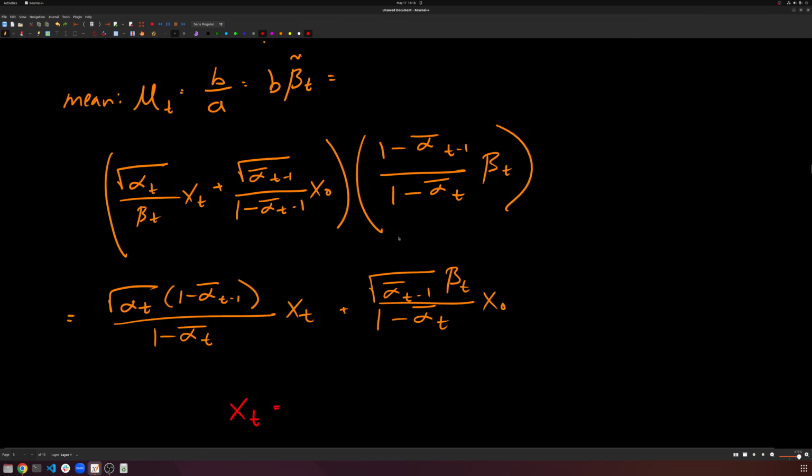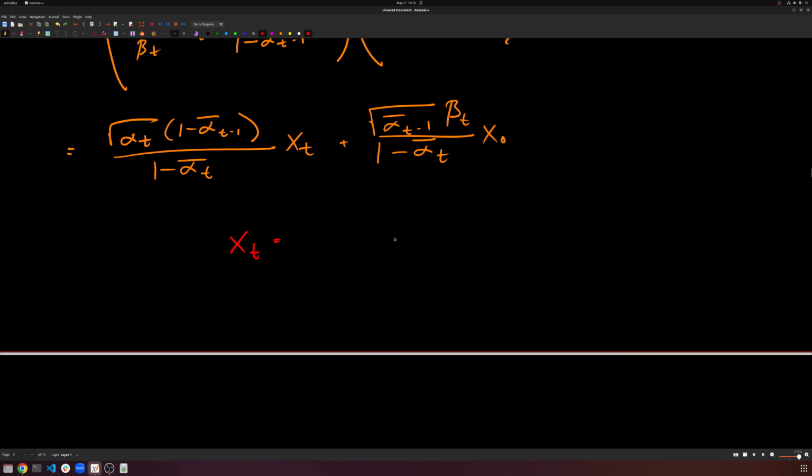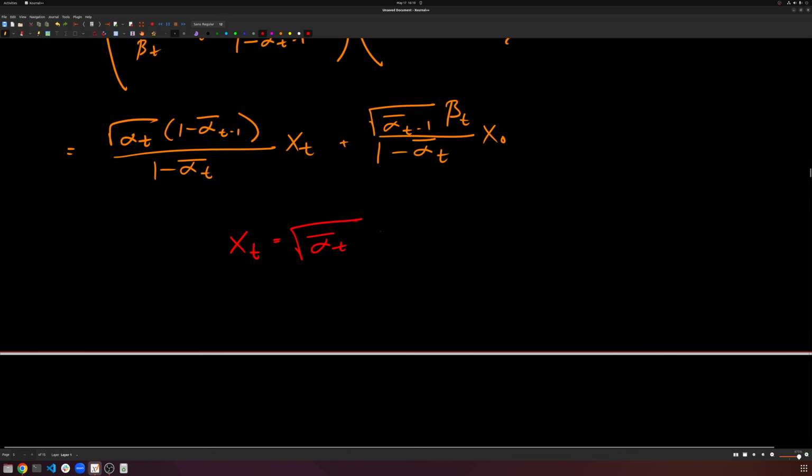Let's write it again, because we're going to have to rearrange that expression just a little bit. It's equal to the square root of alpha hat t x0 plus square root 1 minus alpha hat t epsilon. That's what we started with. Now, what if we could just rewrite x0 in terms of xt? That would be convenient, having everything in terms of the same thing. So let's rearrange.